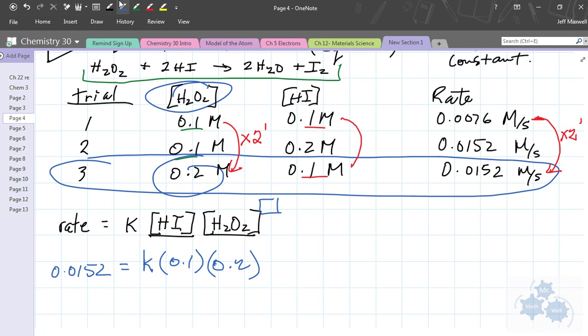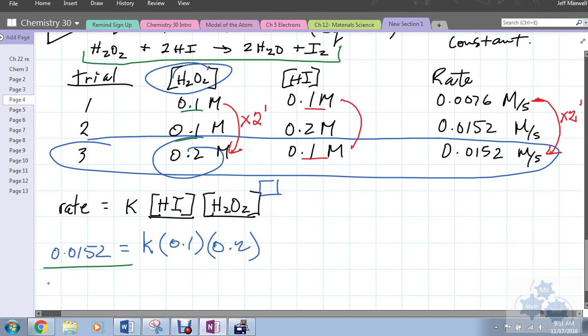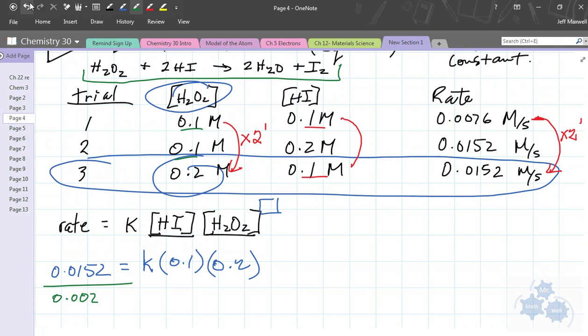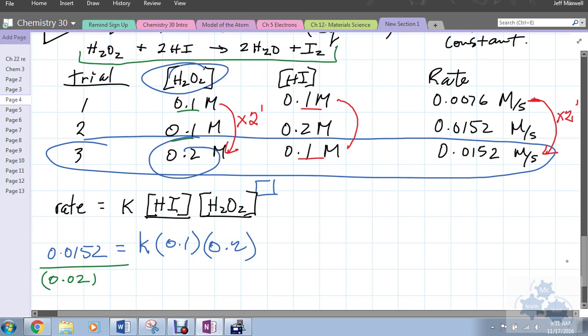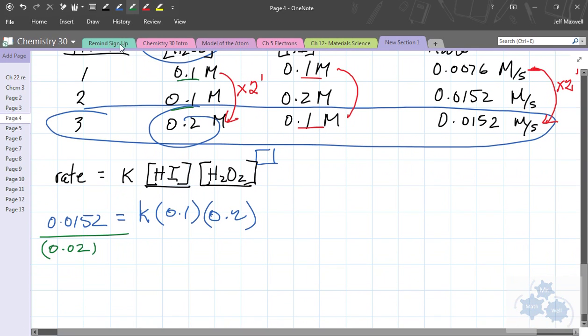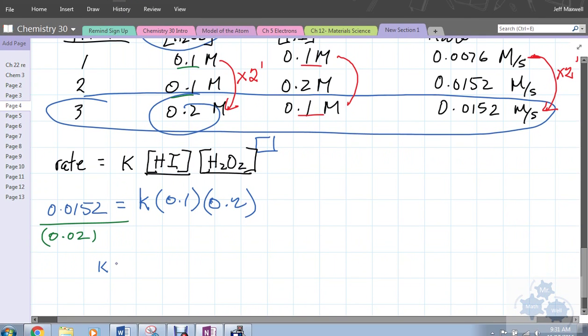Solve for K by dividing by 0.02, 0.1 times 0.2. And what do you get? K equals 0.76.